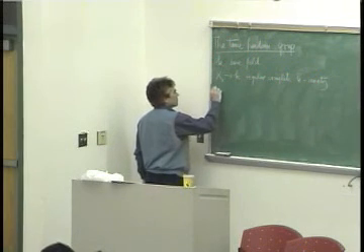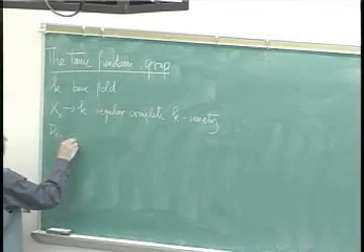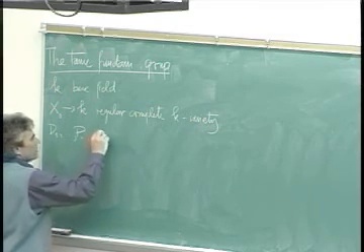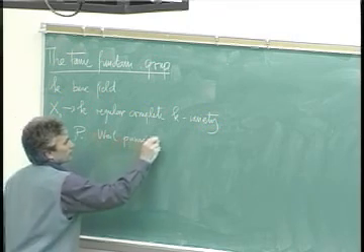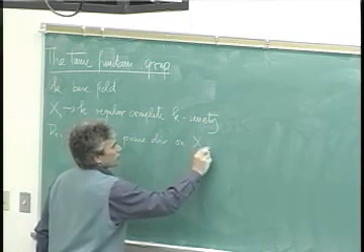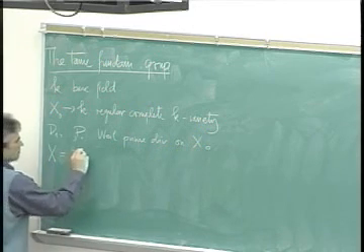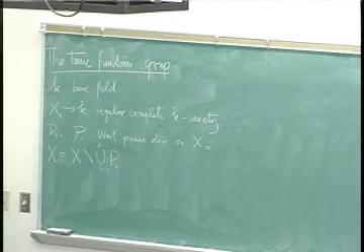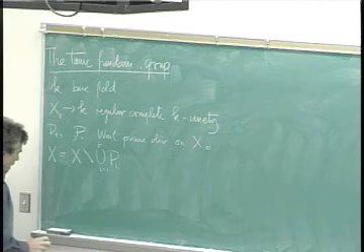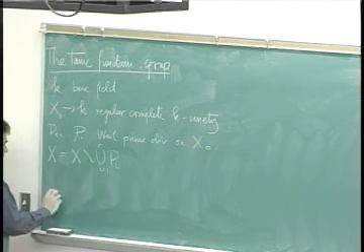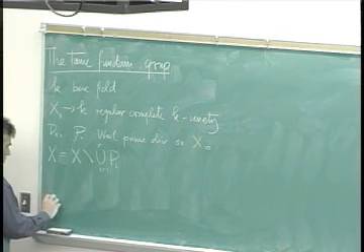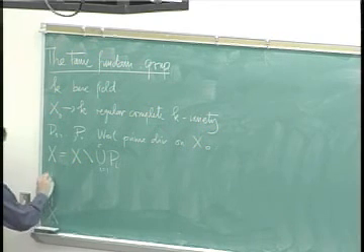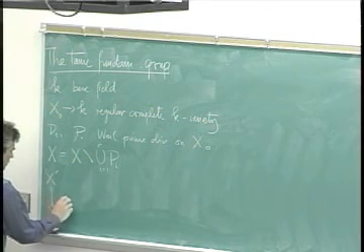And now you take maybe P_1, ..., P_r, finitely many Weil prime divisors on X_0, and you write X equals X_0 minus the union of the P_i.